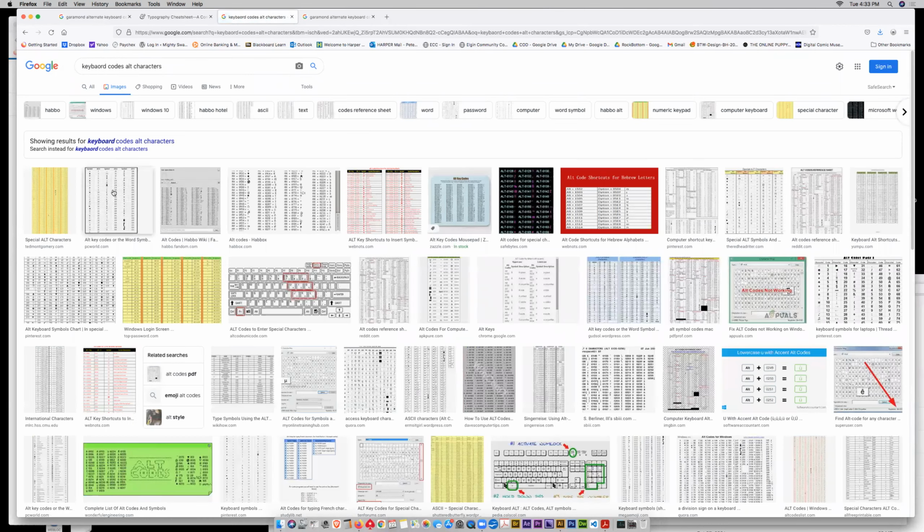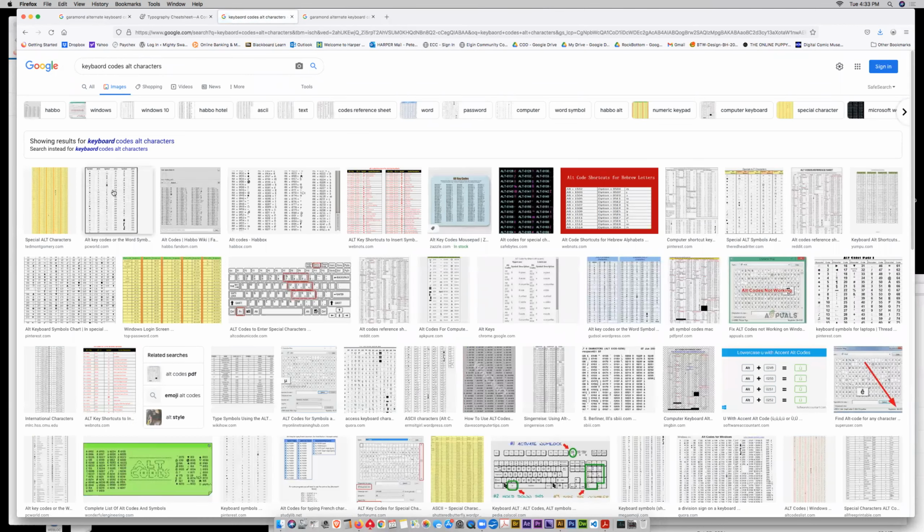Here are some good charts. Again, not all fonts have these. But I would imagine that Garamond is fairly robust and probably has many.